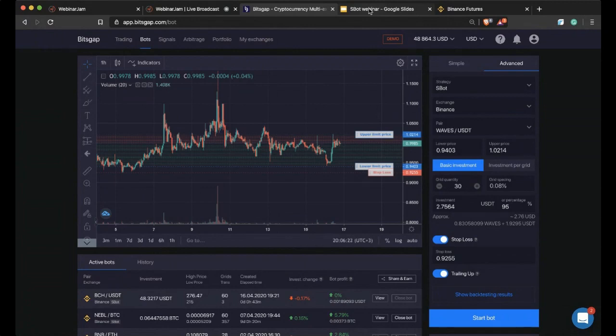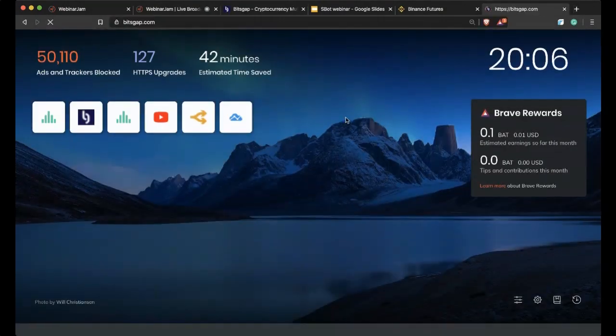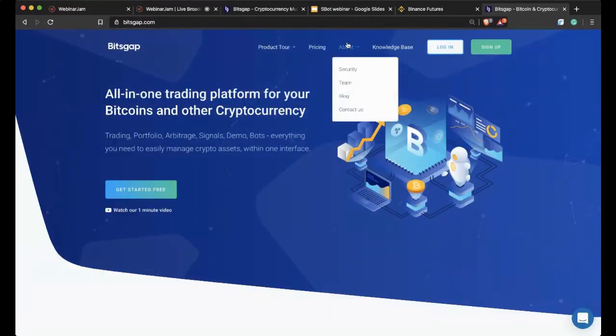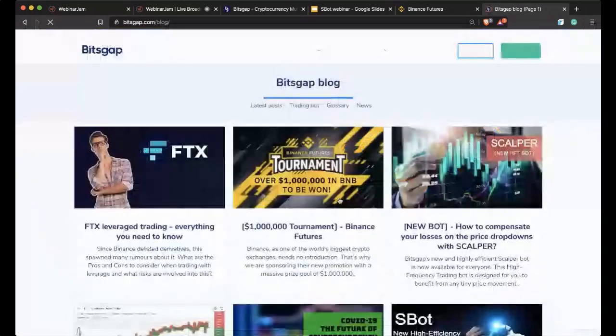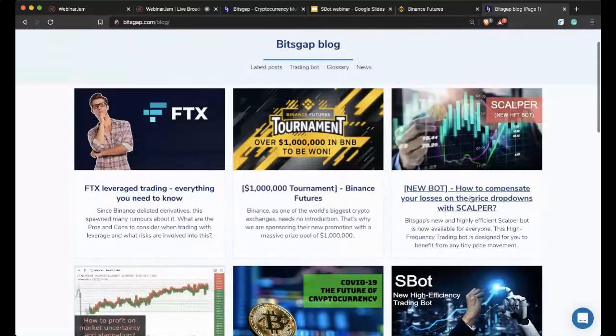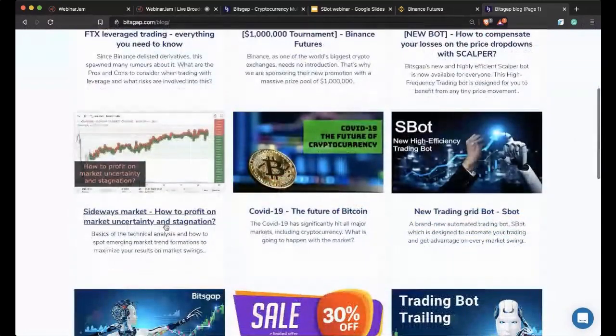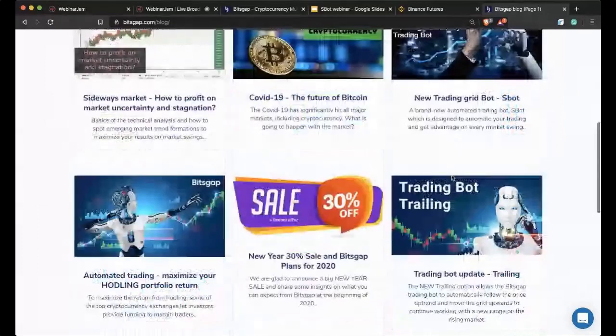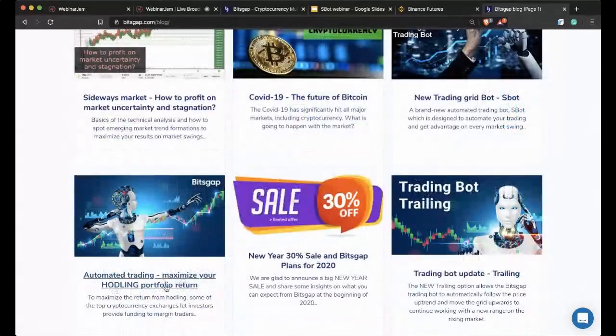Regarding the questions, is there a comprehensive tutorial? Yes. If you open bitsgap.com and go to the blog section, you can see articles about the scalper bot, sideways, and how to maximize your hodling portfolio return.